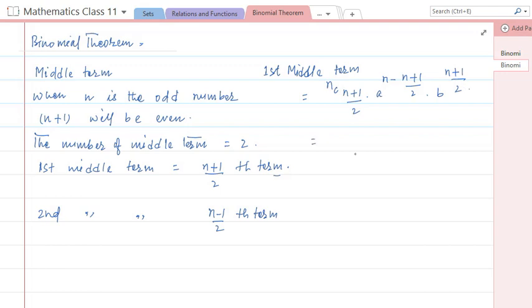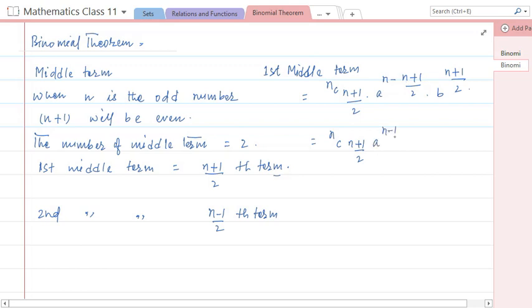After the simple calculation, we get nC(n plus 1)/2 and a^((n minus 1)/2) into b^((n plus 1)/2).